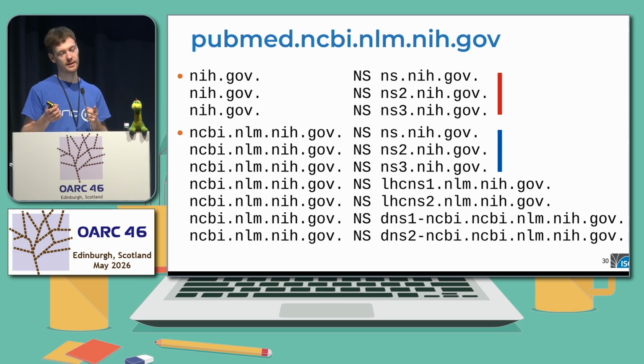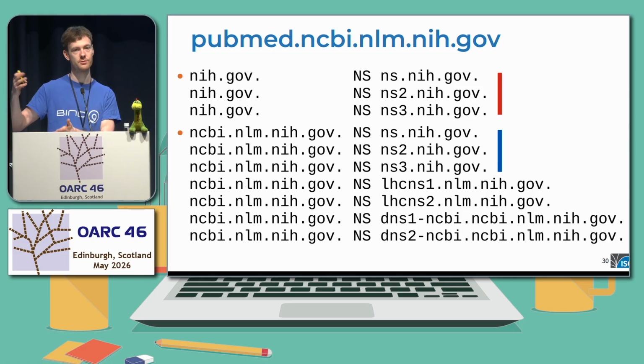When we look at the specific name server sets for that specific zone which contains the query name, we see that the parent has 3 name servers. The same 3 are present for the child, but the child has 4 extras, so the child is a superset of the parent.